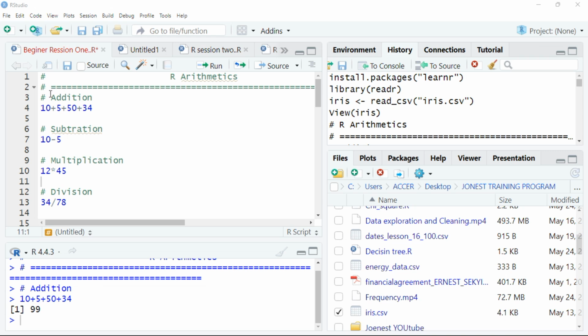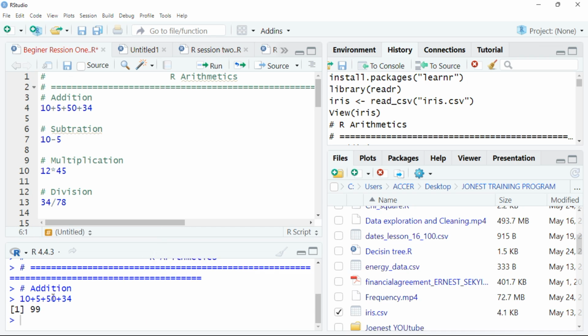So first on the list is addition. We want to add numbers in R. For instance, if you have 10 plus 5 plus 50 plus 34 and want to add it in R, you just type 10 plus 5 plus 50 plus 34. Once typed, put your cursor here and then run.